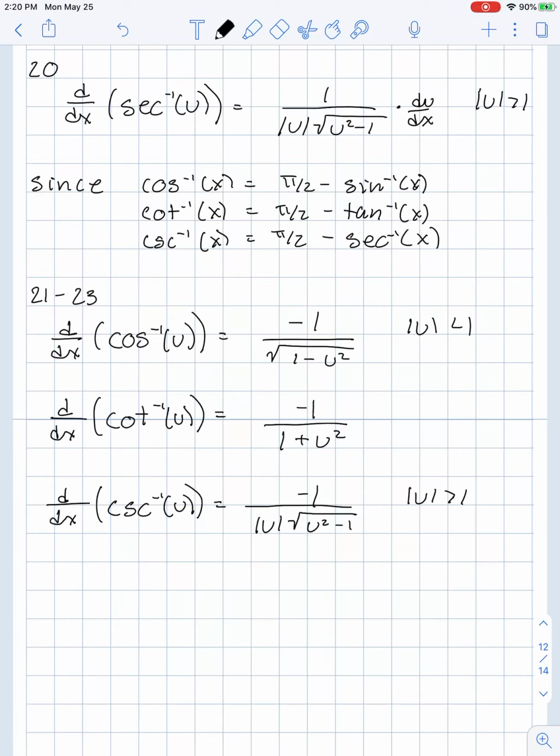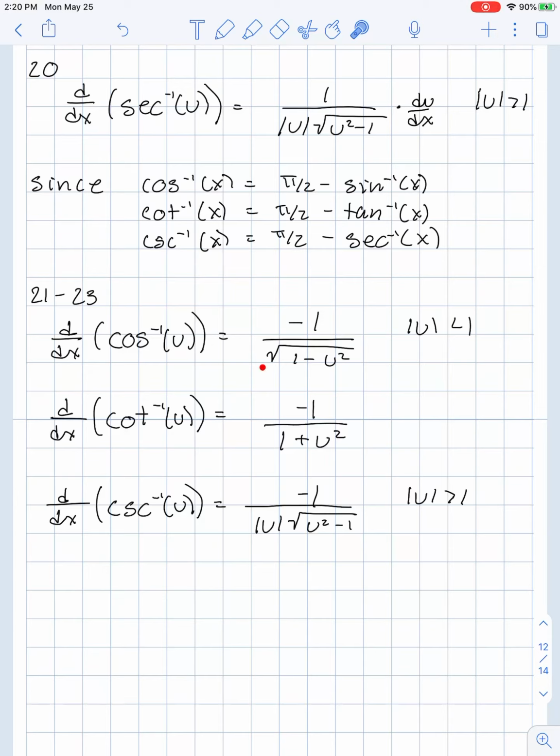If it's what I call a co-function, so cosine, cotangent, cosecant, the inverse derivatives are all negative. If it has an s with it, so secant, sine, arcsecant, arcsine, arccosine, arccosecant, so anything but the cotangent and tangent, you're going to have a square root and a subtraction.